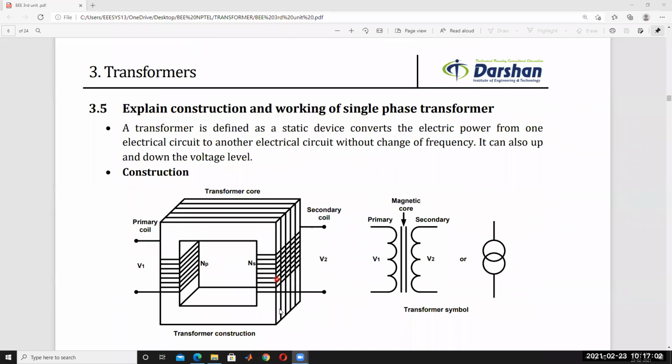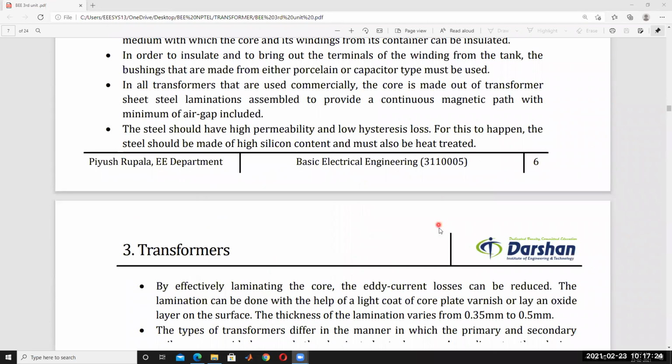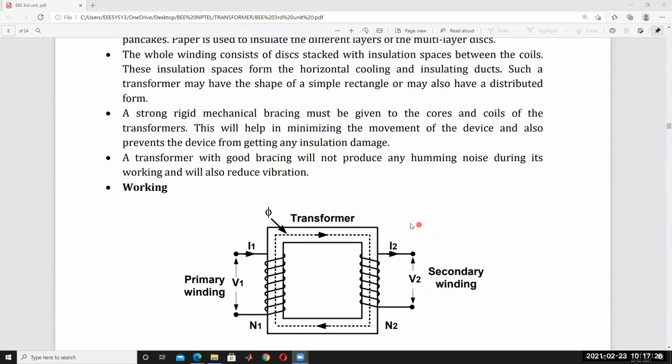This is one strip, this is another strip, and together they form a core. There is a small air gap from one strip to another, and that air gap is filled with insulation to reduce the eddy current losses. Understood?